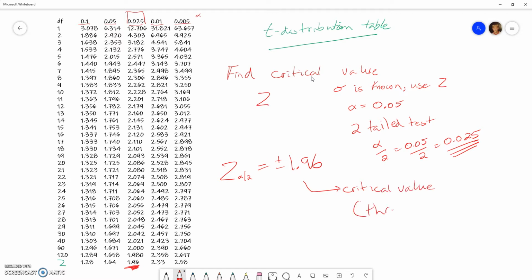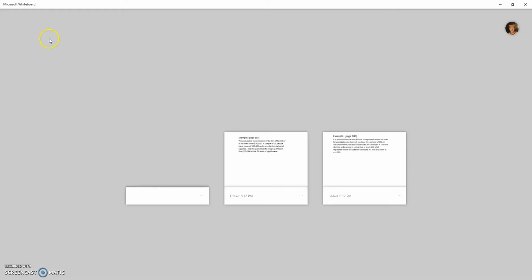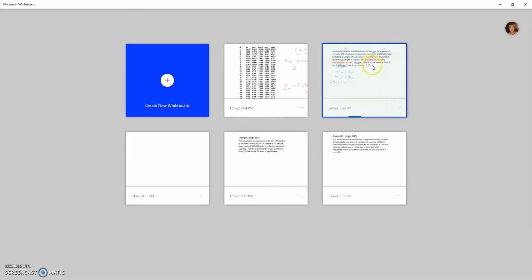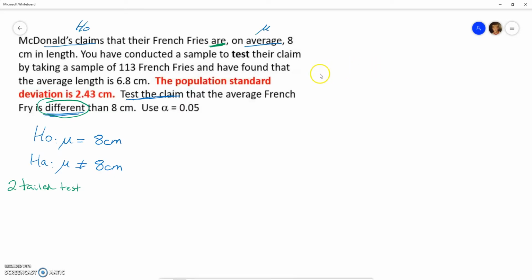Sometimes we can just refer to it as a threshold value. It's a key value that's going to differentiate our final decision. So we can go back to our McDonald's example. There we go. Let's draw out this normal distribution.